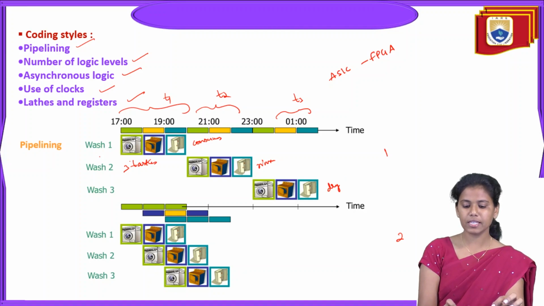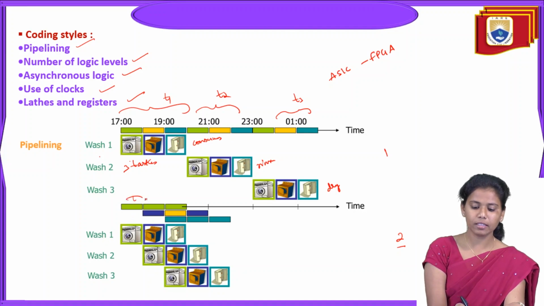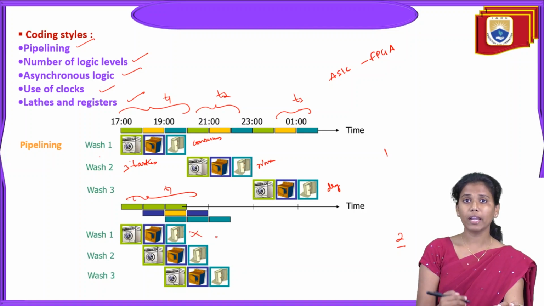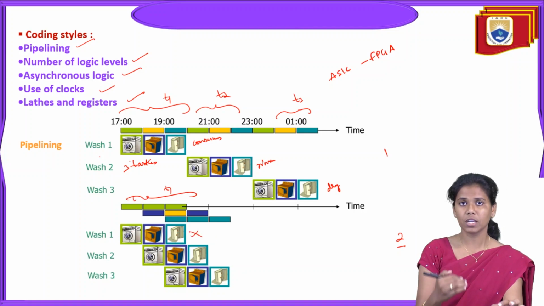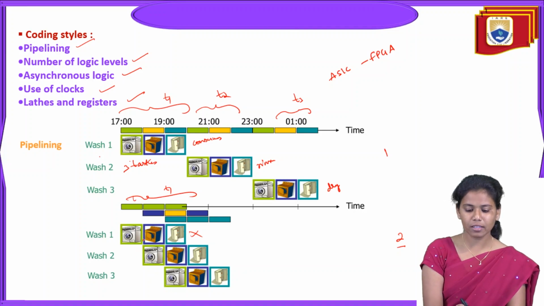Then for example, in the second timeline, we will see there are wash 1, 2 and 3. Here you can see an overlapping of the timings. In the first wash, in time 1, the first wash should be done, right? But what happens when it comes to the second wash? Simultaneously, that means it is working in parallel at time T2.